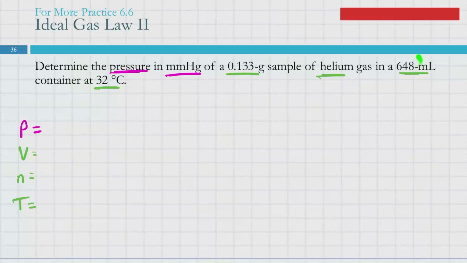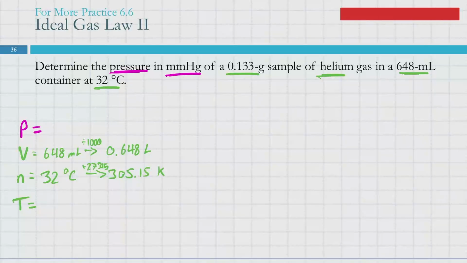So for volume, we've got 648 milliliters. We'll want to convert that to liters, so we divide by 1,000. 0.648 liters. Our temperature of 32 degrees Celsius turns into 305.15 Kelvin. And I put that in the wrong area.